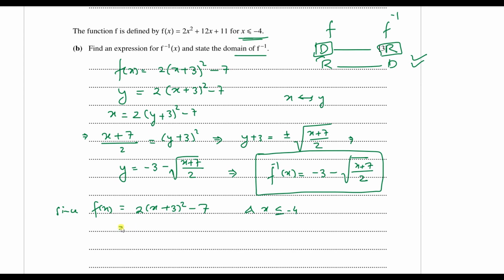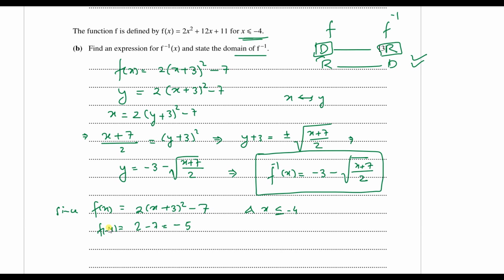So f of minus 4 is going to be 2 minus 7, that is minus 5. So we can see that f(x) will always be greater than or equal to minus 5.